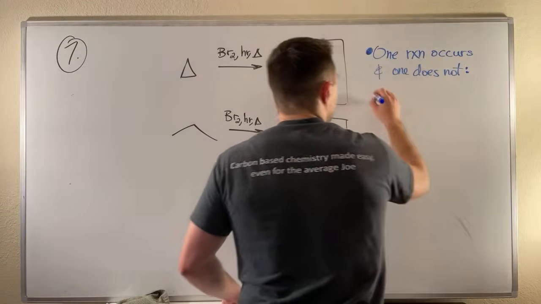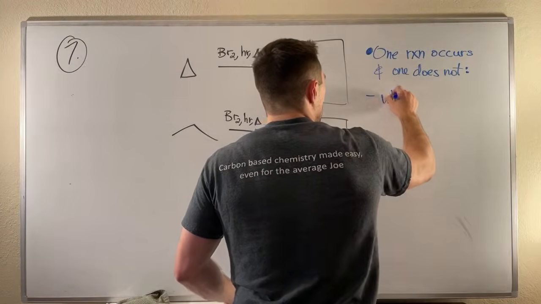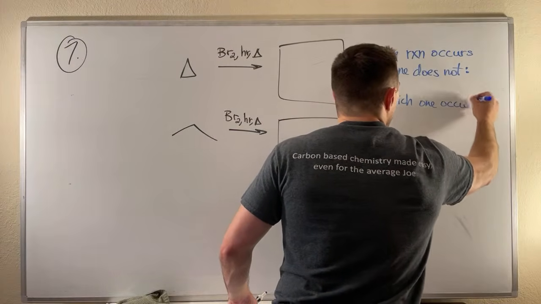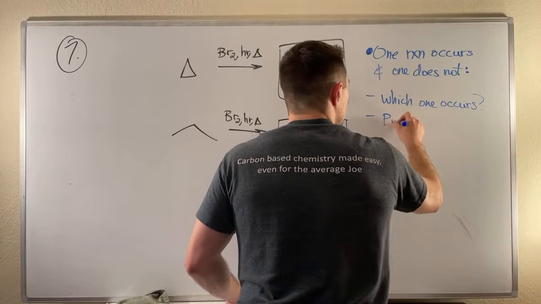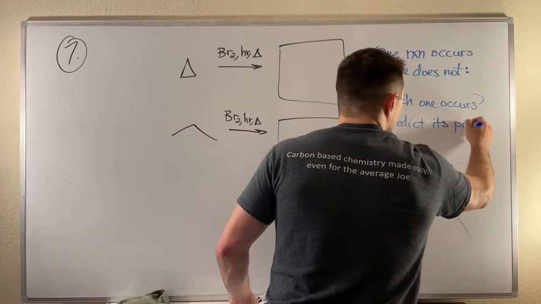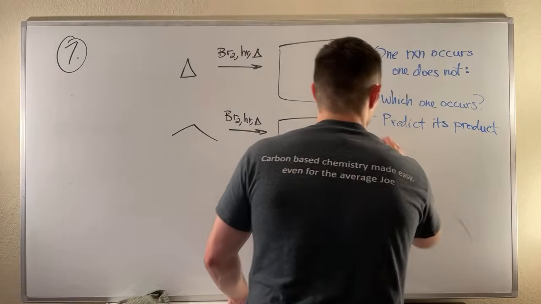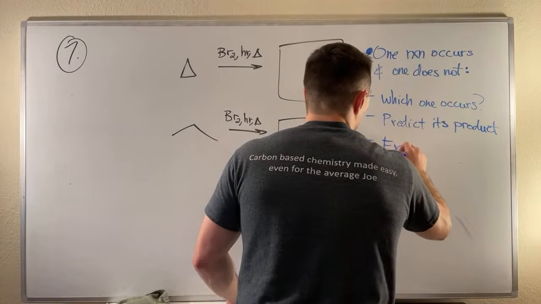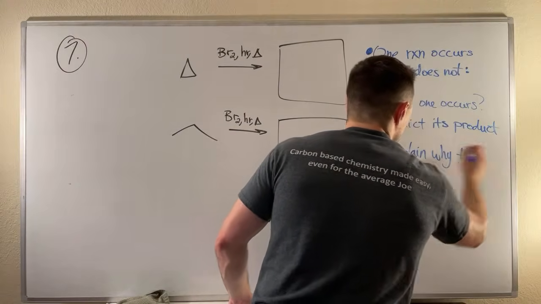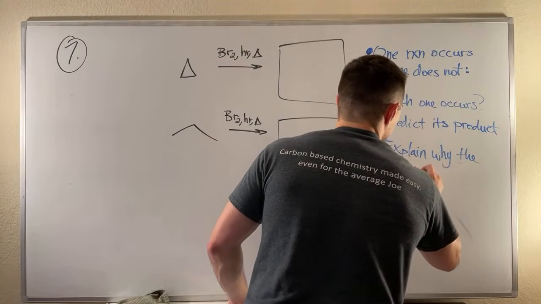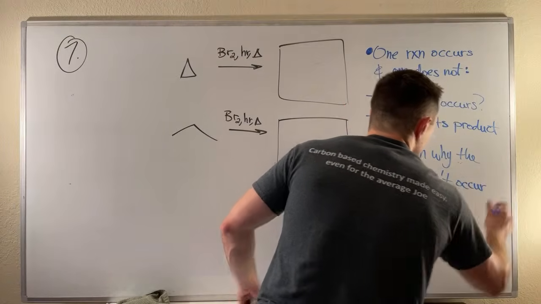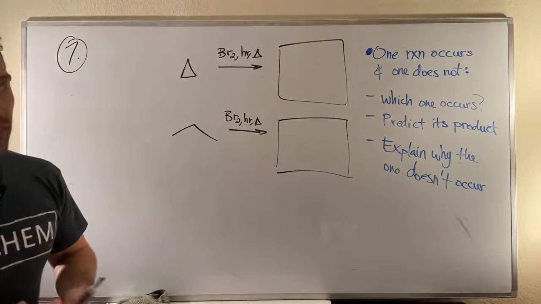What we need to figure out is which one occurs, predict its product, predict the result of the free radical bromination, and then explain why the one doesn't occur. This is also a long-time favorite problem of mine.